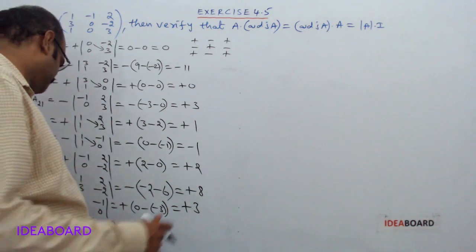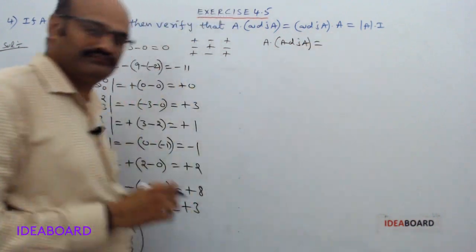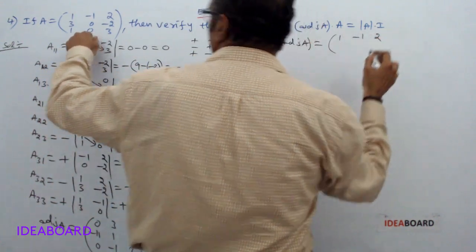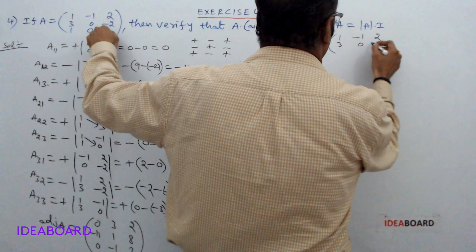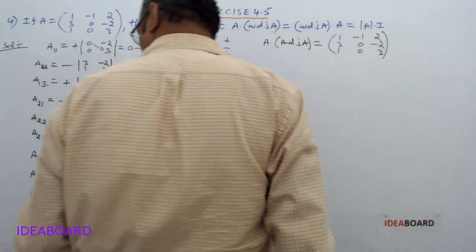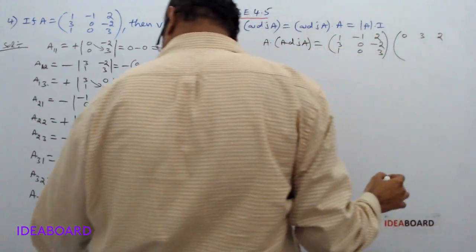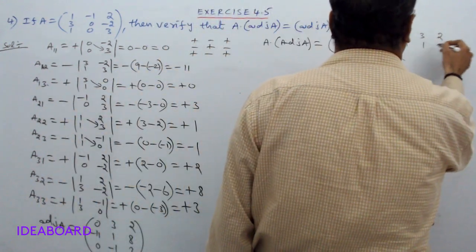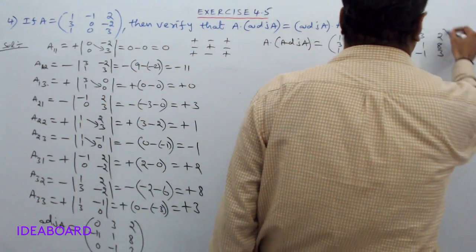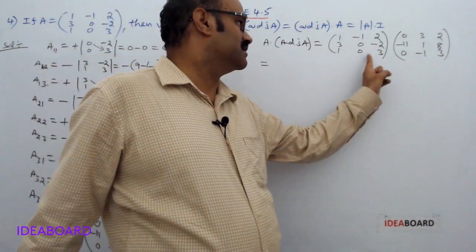Now A into adjoint of A equal to, the matrix A is given by 1, minus 1, 2, 3, 0, minus 2, 1, 0, 3, into adjoint of A equal to 0, 3, 2, minus 11, 1, 8, 0, minus 1, 3. Here we have to multiply these two matrices.